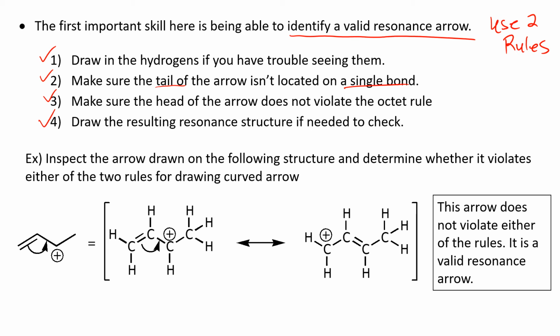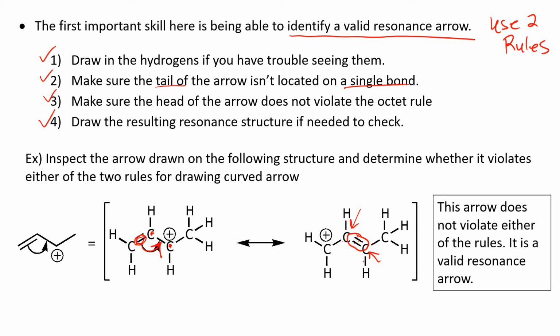When these electrons move as indicated by the arrow, that means the electrons from our pi bond are going to be moved in between each of these carbon atoms to form a new carbon-carbon bond. So the movement results in a double bond here. Now let's check. This carbon has 2, 4, 6, 8 electrons. That's all right. This carbon has 2, 4, 6, 8 electrons.